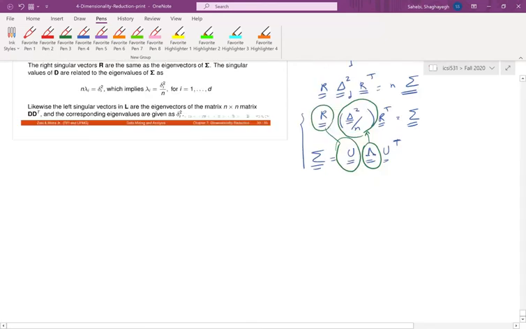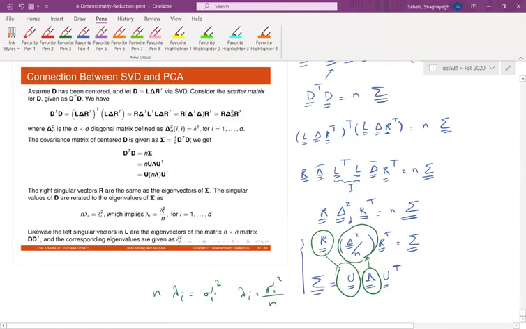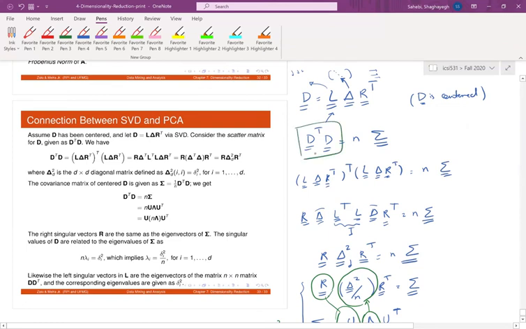So lambda i was equal to the variance of each attribute, so the lambda i's are the variances, equal to the squared singular values divided by n, for all of our attributes. So this is the relation that we get if we look at D transpose D, which is similar to our covariance matrix of the data.